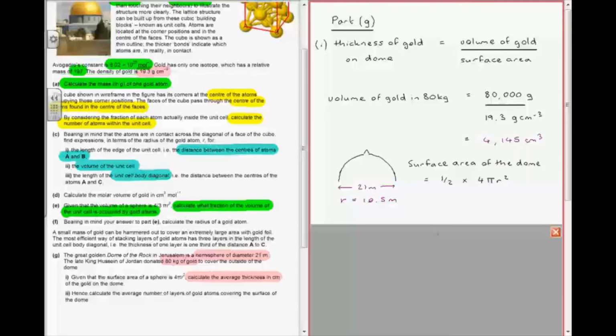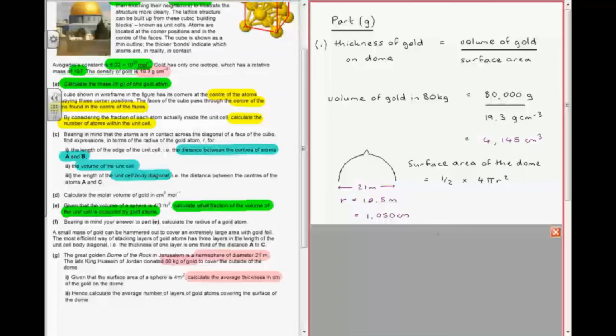However, since we've been calculating the volume of the gold in centimeters cubed, it's probably best at this stage to use our radius in centimeters, and so the radius of the hemisphere becomes 1,050 centimeters.